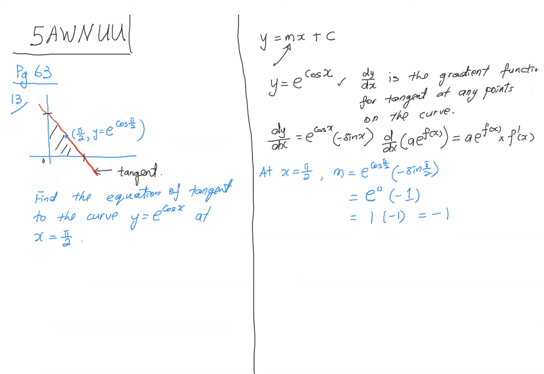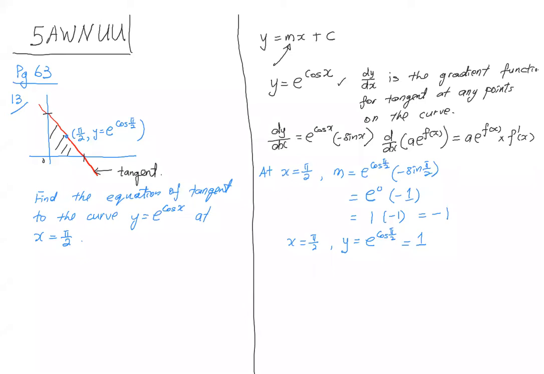So when x equal to pi by 2, I have to know the y coordinate in order to get the c. So the y coordinate will be e to the power of cos pi by 2, which from the gradient part we know is 1.